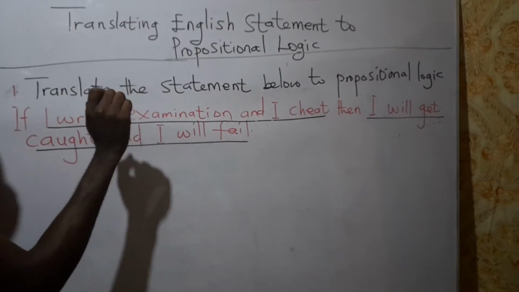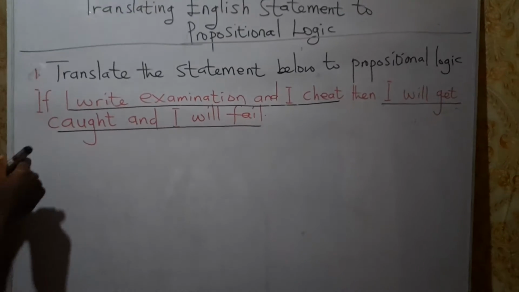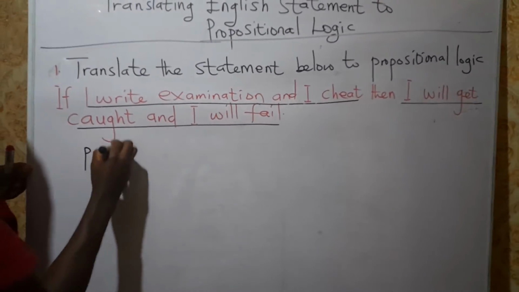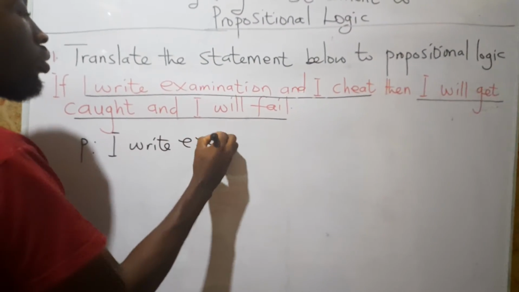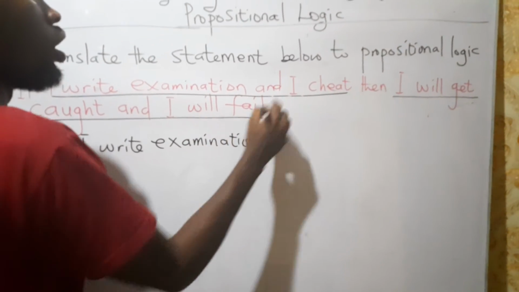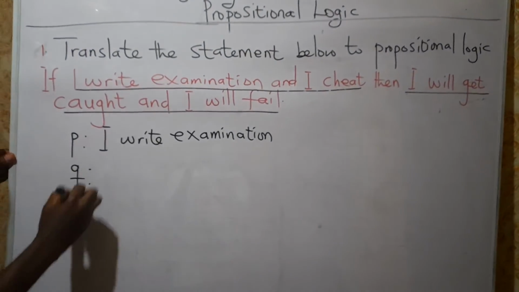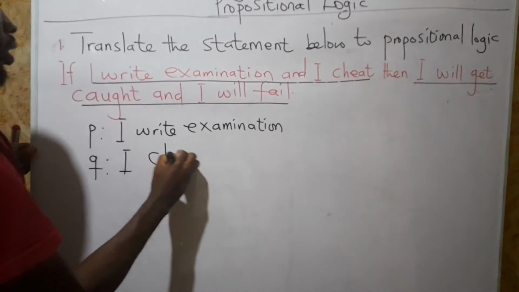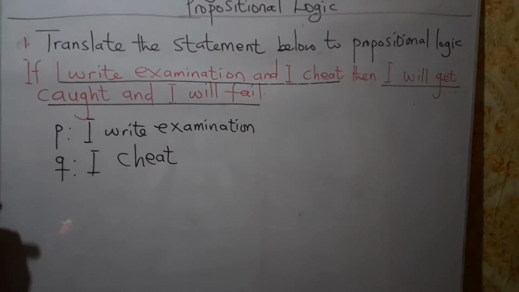So I write examination, one statement. I cheat, another statement. So we can say that our P should be I write examination. Then this is also another statement, so we say it should be Q. I cheat. I hope you get that. So we split it into that.